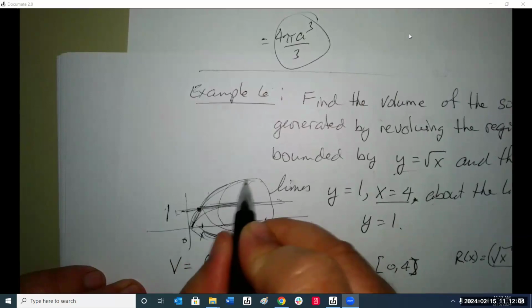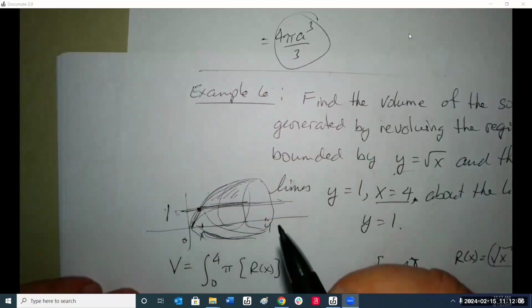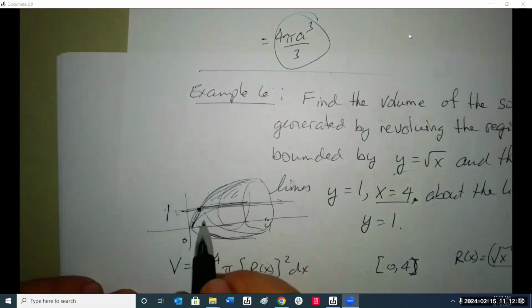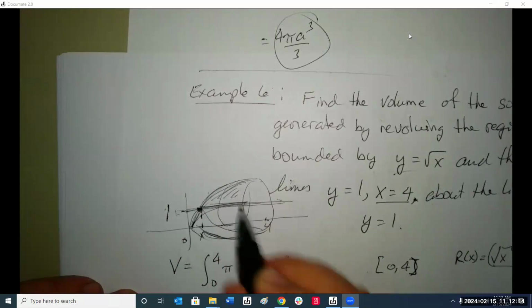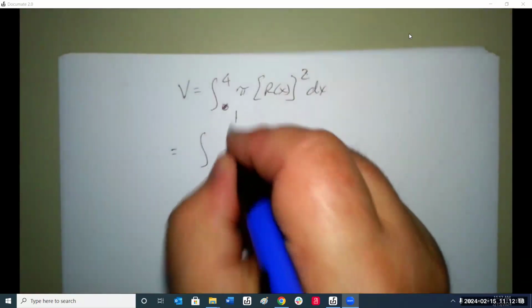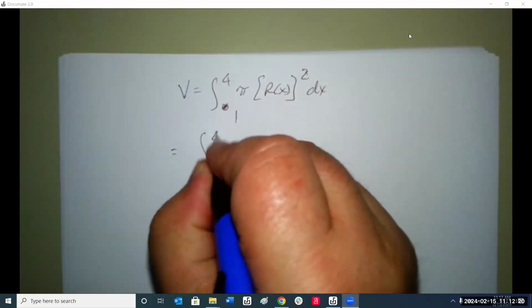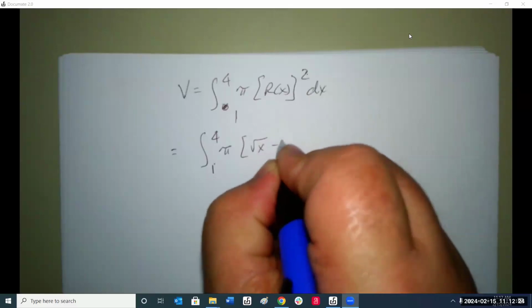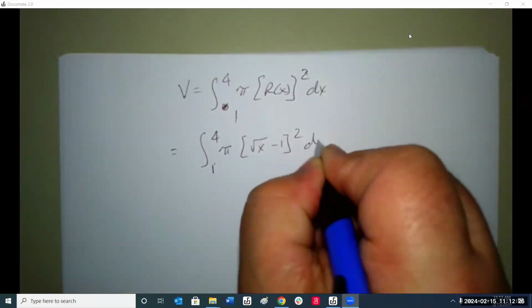So I'm only looking for this outer shell, rotated about the line. So I start from 1 and go to 4. Pi times square root of x minus 1, squared.